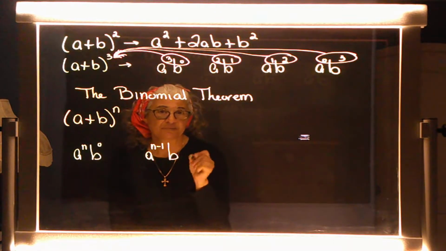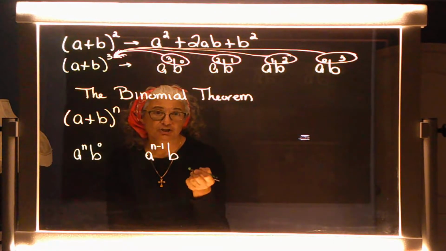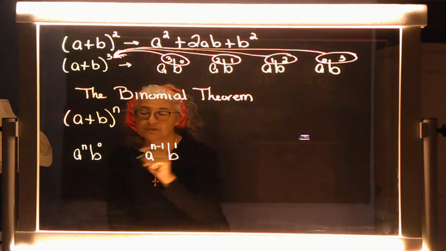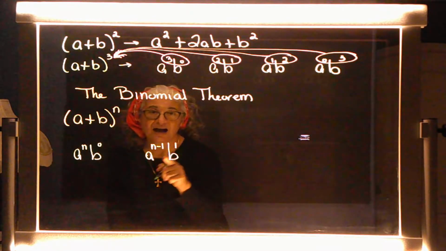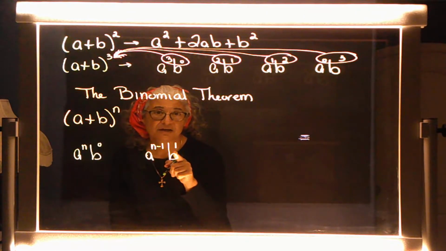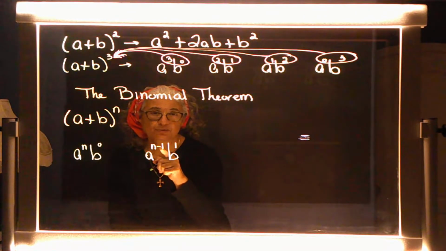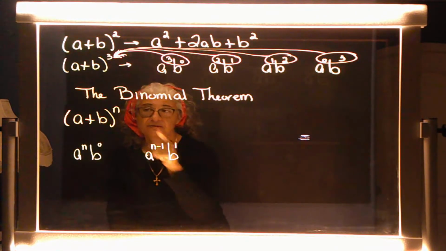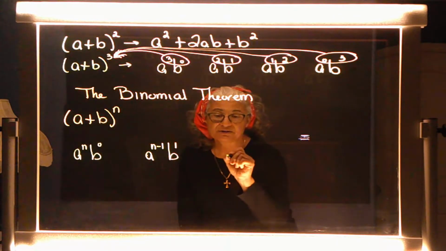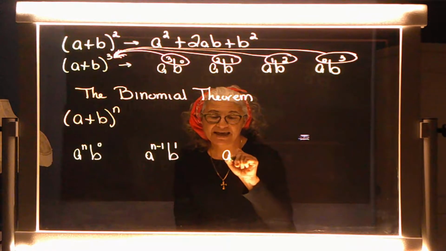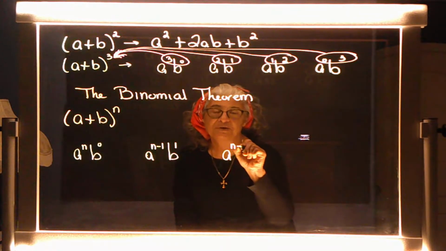B would have to be to what power? Good, the first power. Because as a descends by 1, b ascends by 1. And by the way, n minus 1 plus 1 equals n, doesn't it? Good. The next term is a to the n minus 2.